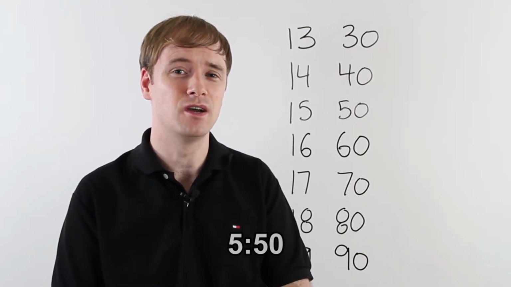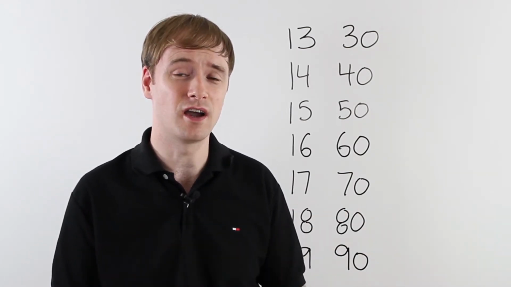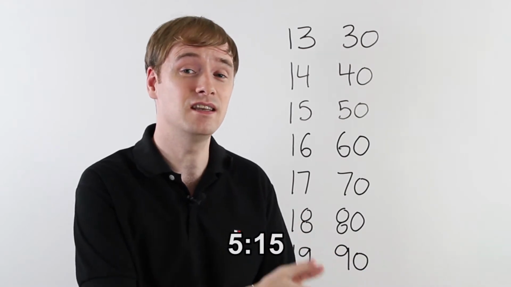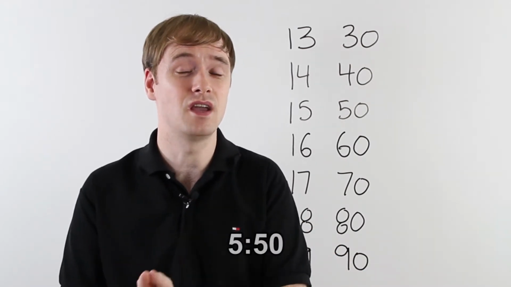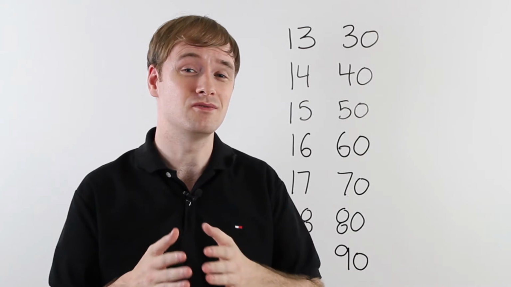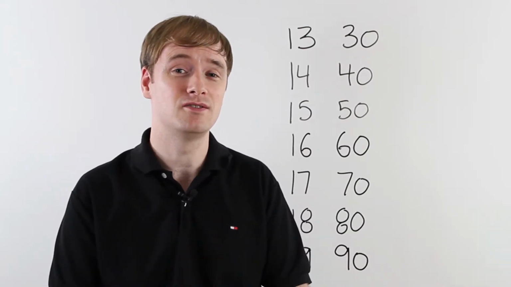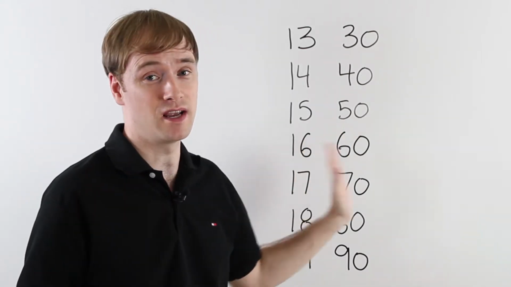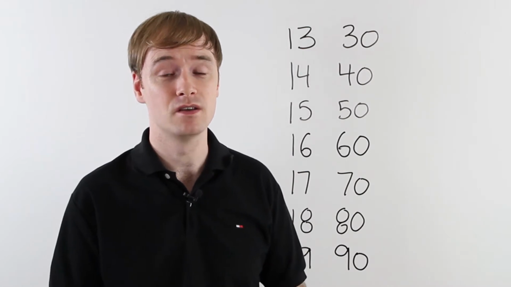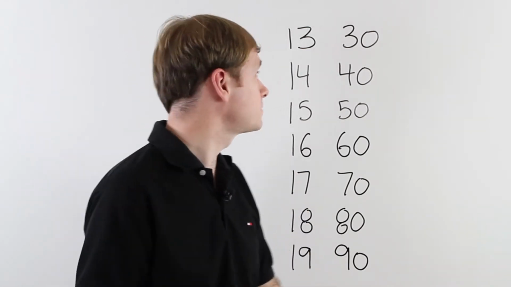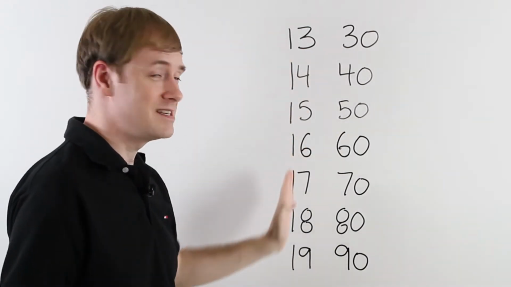Okay, so we were both confused of the time. Well, she was there at 5:15. I was there at 5:50, and we never met. Okay, so it's very important to get the numbers right and don't confuse them. So let's review. Of course, these are the teens.